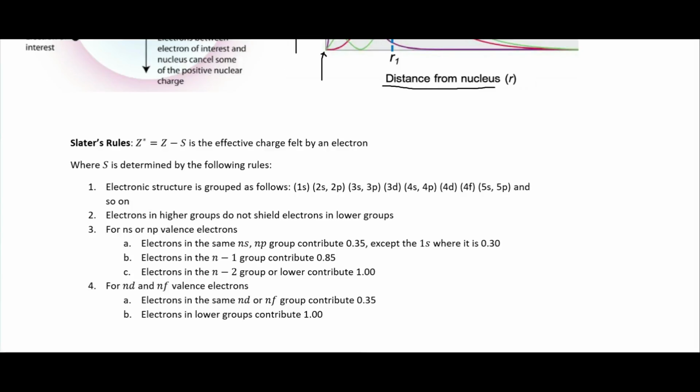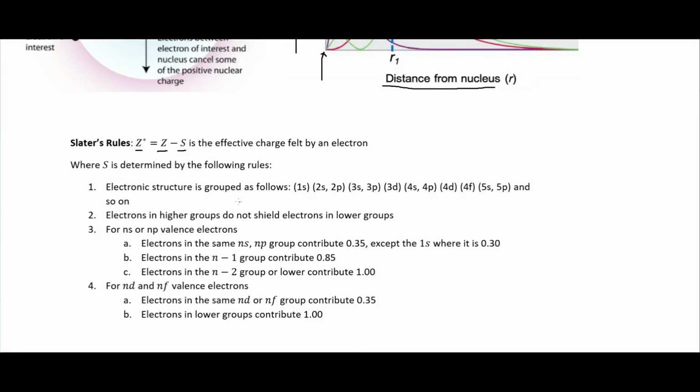This Z star here is the effective charge that it's feeling from the nucleus. This Z is the actual number of protons in the nucleus, each one being a positive 1 charge. And then we subtract this S, where S is the amount of shielding that it is experiencing. These are the rules called Slater's rules.